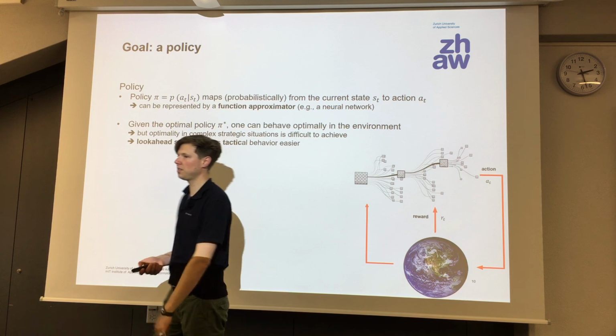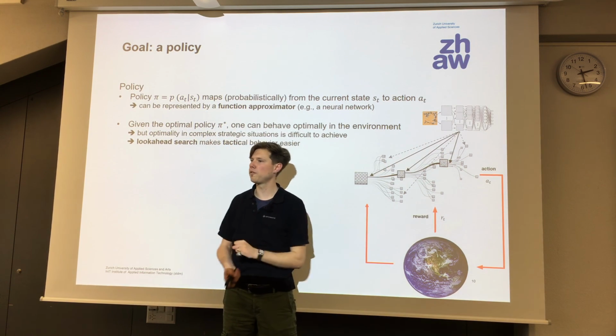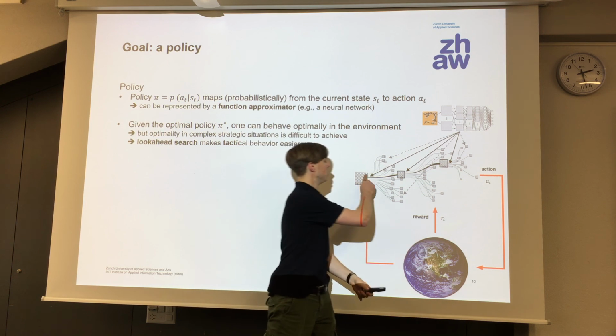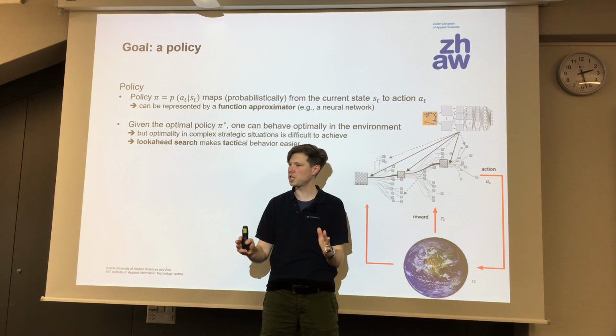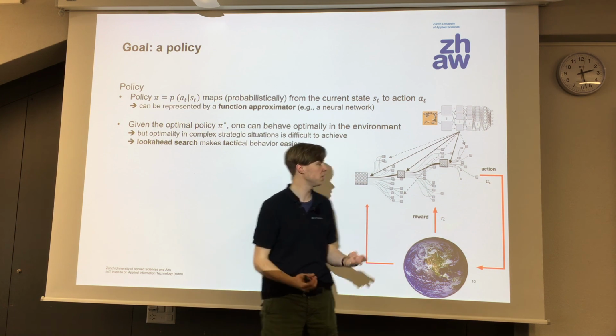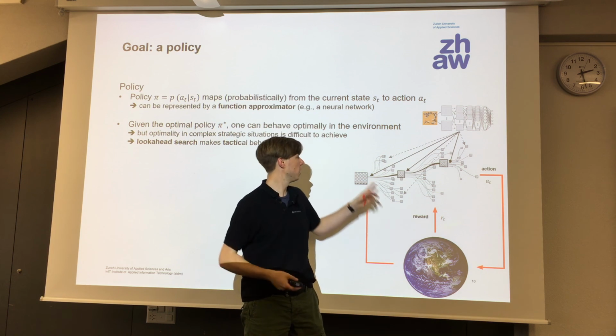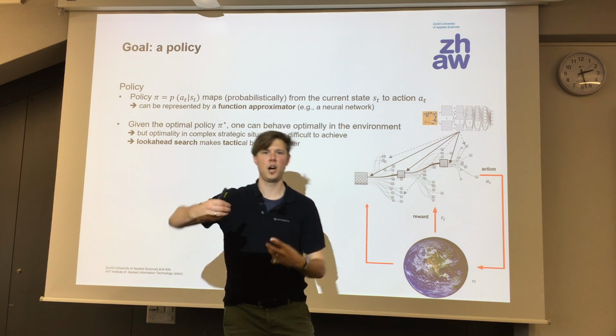How could you do this? Each time you could use your network or whatever function approximator you use to do an intuitive decision what is best in that situation. But you do not just stop there. You do not just take this action for granted. You simulate further. Okay, what happens now? What would my opponent do? What would I do then? How would he react?